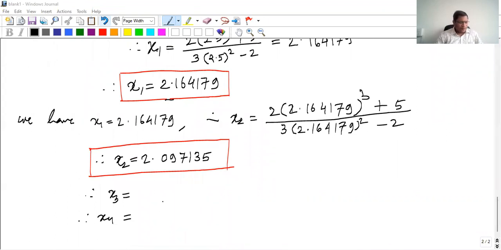So let us calculate the next iteration. We got the next iteration as 0.094552. Are you getting this iteration?